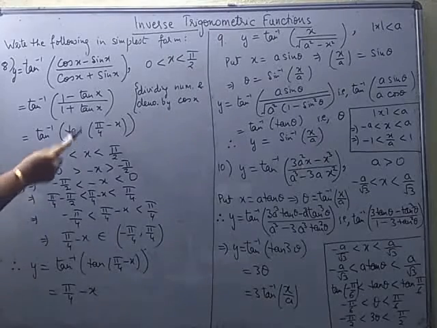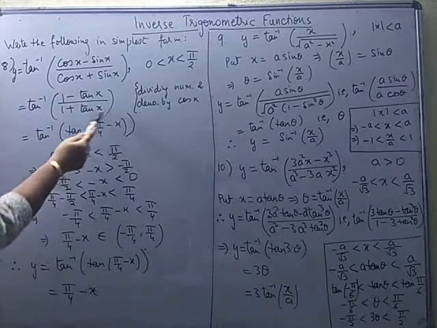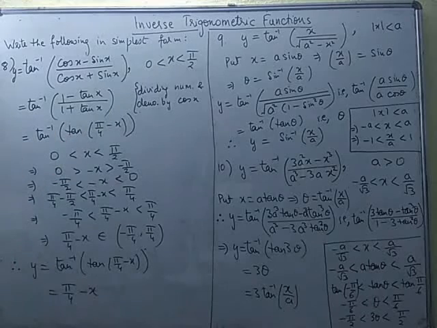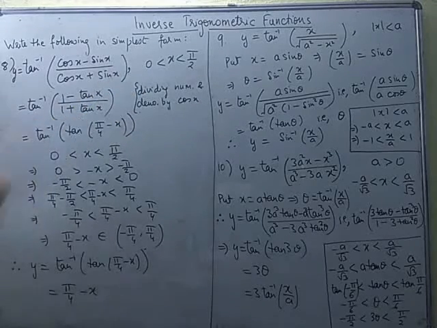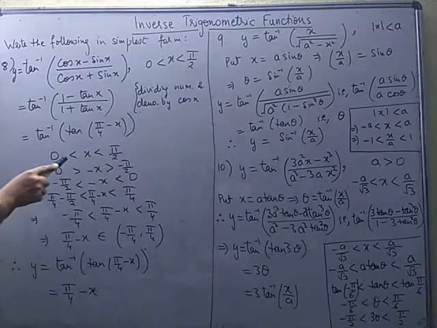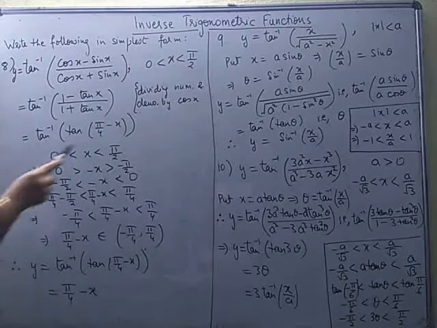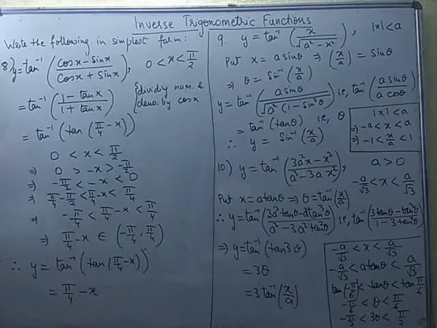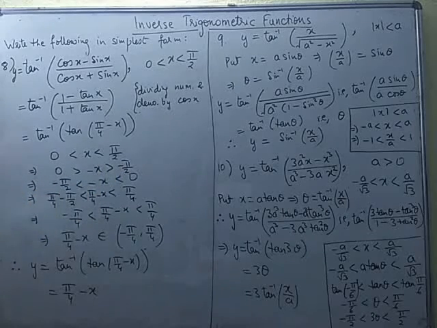Now, can we write this as pi by 4 minus x or not? For that, this angle should lie in the open interval minus pi by 2 to pi by 2. First I'll simplify it, then you will understand why this change is being done. As given, x is greater than 0 but less than pi by 2, and our angle includes minus x, so I multiply the entire inequality by minus 1.